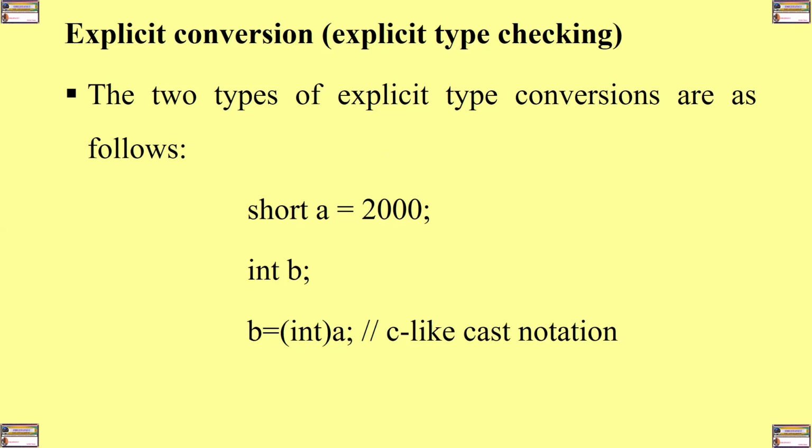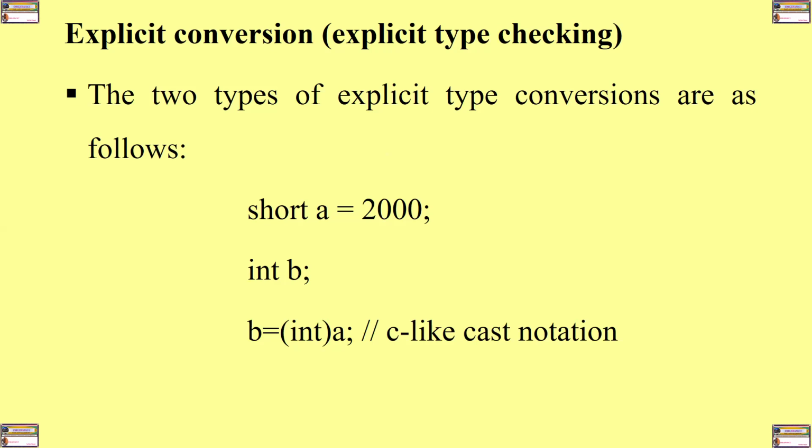As you can see, that is enclosing int in a pair of parentheses followed by A. And then that conversion, which is now of type integer, is assigned to B, which in this case is a variable of type integer.